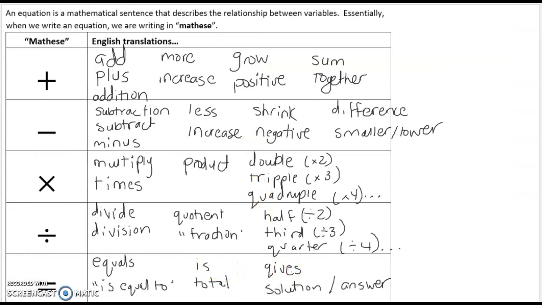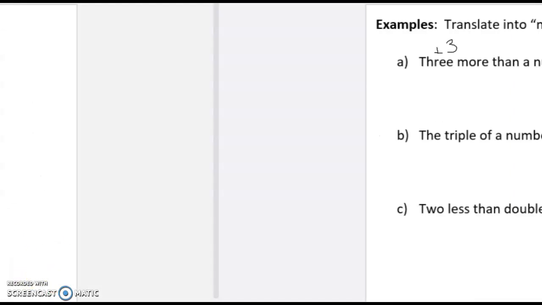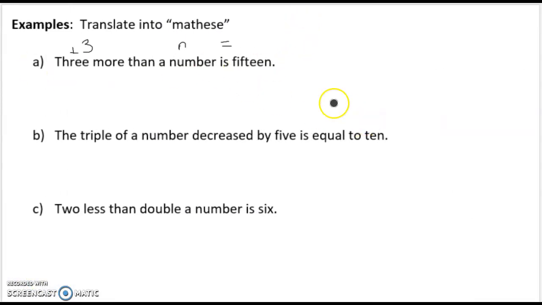Okay, because remember down here is under equals. And then it said 15. So if we were to put this into math-ese, it'd be N plus 3 equals 15. Okay, so 3 more than a number. So here's the number, and we're adding 3 more to it. Is equals 15.